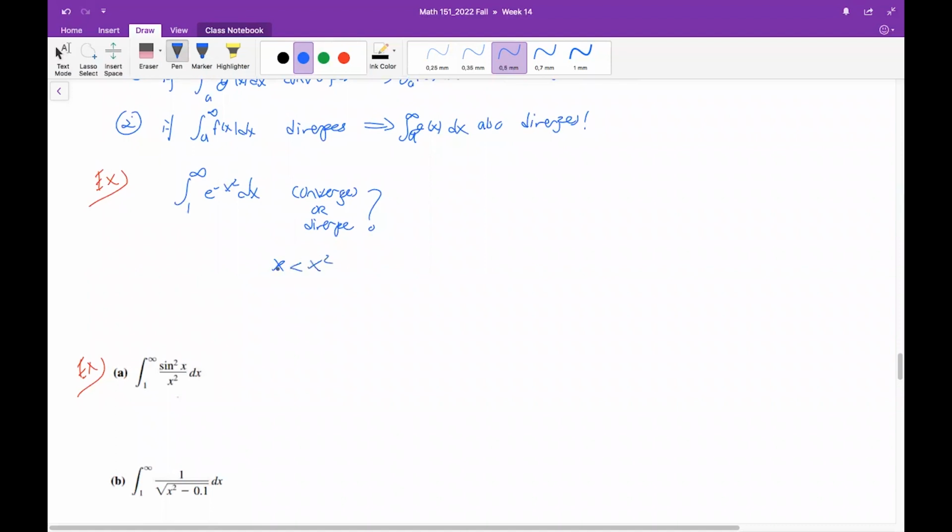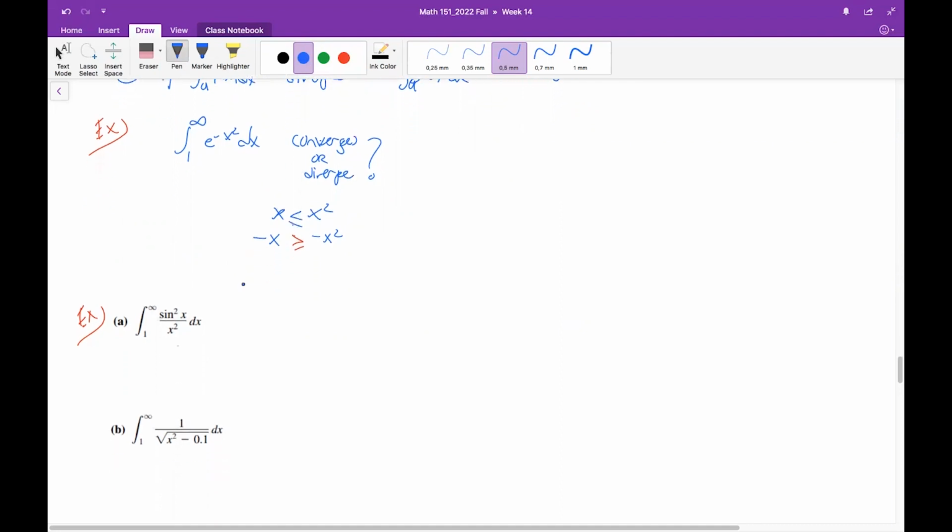Obviously, if x is between 1 and infinity, x is less than x squared, right? If you multiply each side by -1, the inequality should be reversed, so minus x is greater than minus x squared. Let's also put the equality sign because x can be 1.